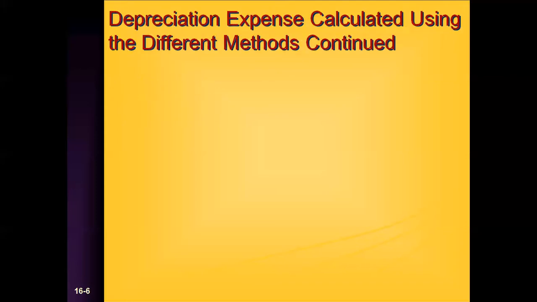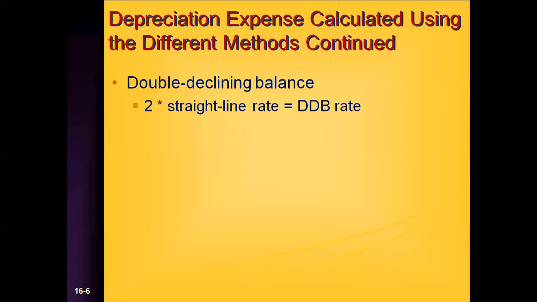Okay, so the third method is something called the double declining balance. In terms of the double declining balance, the calculation is you calculate the straight line depreciation rate, but you times it by 2. And that gives you your double declining balance rate.